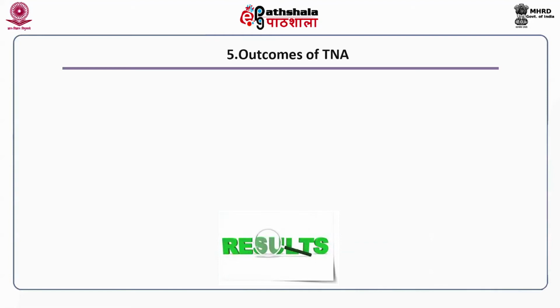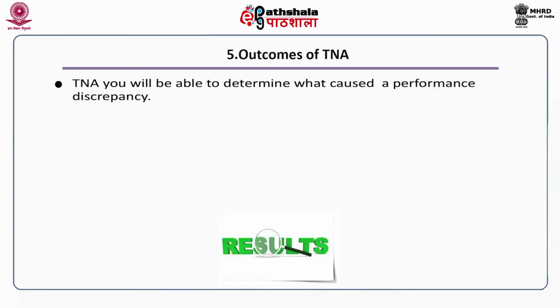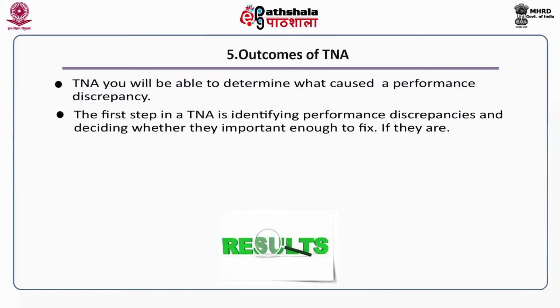Now, let us discuss the outcomes of TNA. Training needs analysis will help you to determine what caused a performance discrepancy. The first step in a TNA is identifying performance discrepancies and deciding whether they are important to fix or important to ignore.